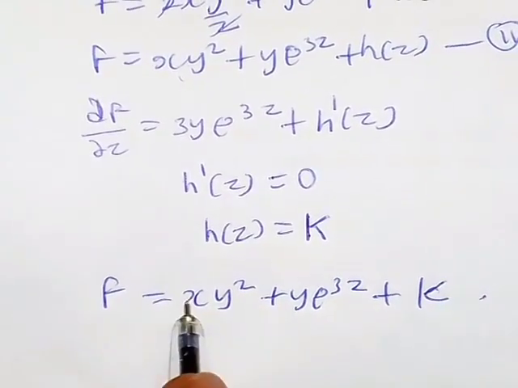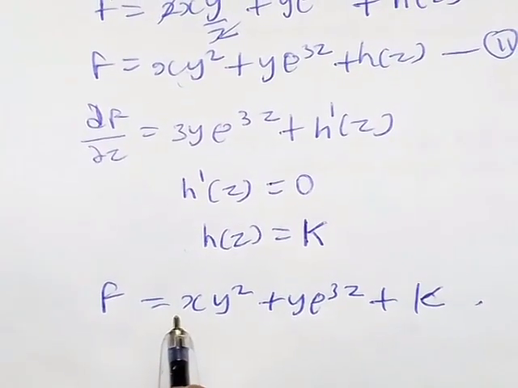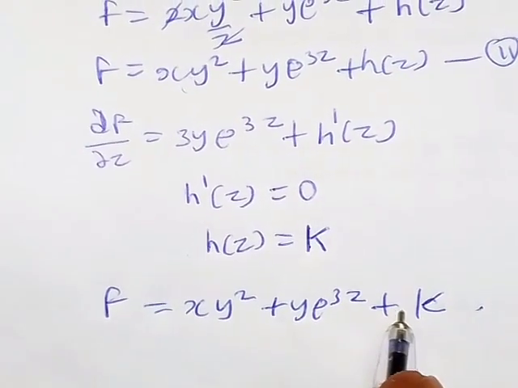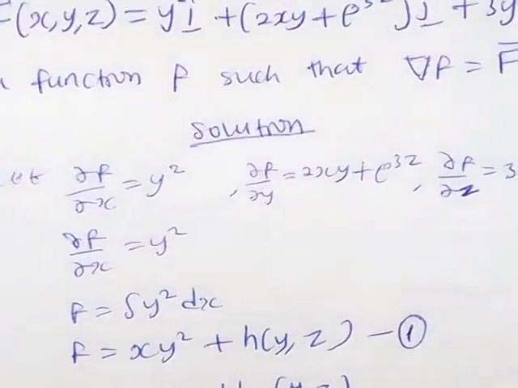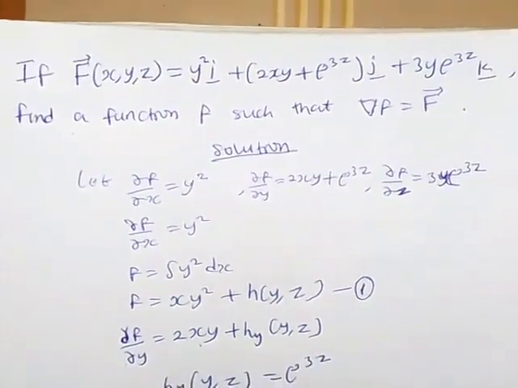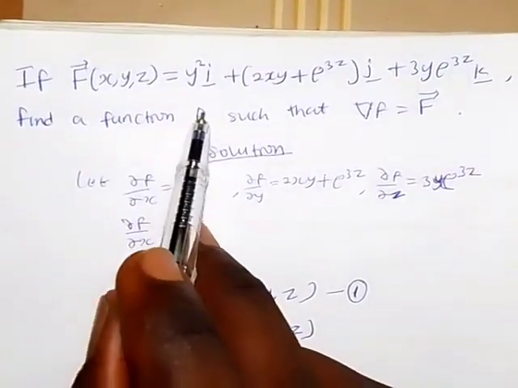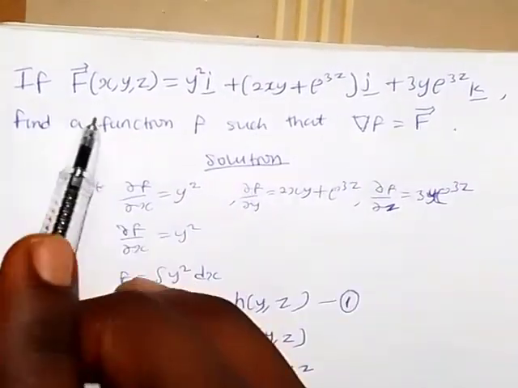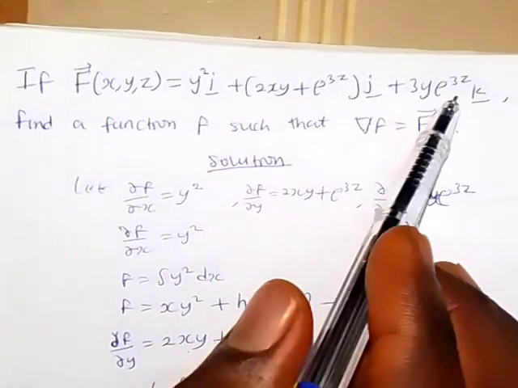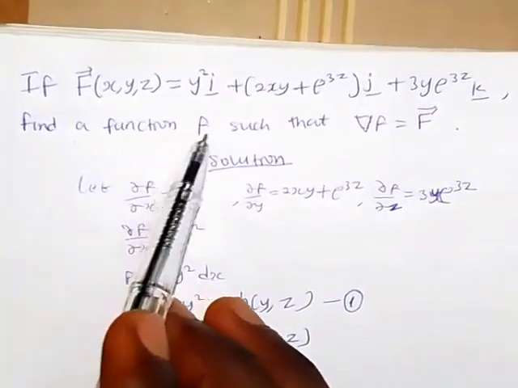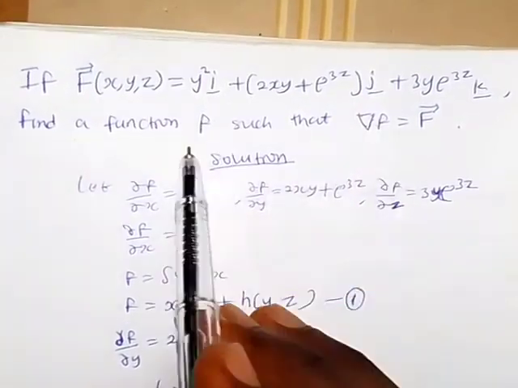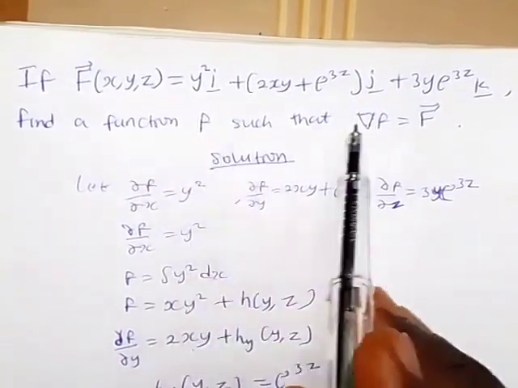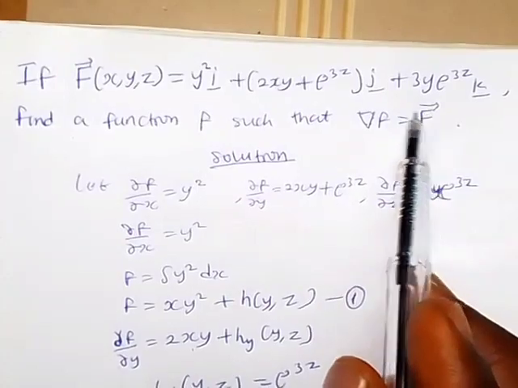This is simply the potential function, which is small f, that we are looking for. Let me show you from the question. This is what we are looking for, the small f. And the question says, if capital F equals this guy, find the function f such that when we take the gradient of this potential function, small f, we are going to obtain the capital F.